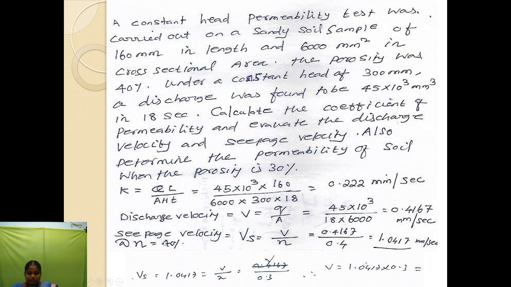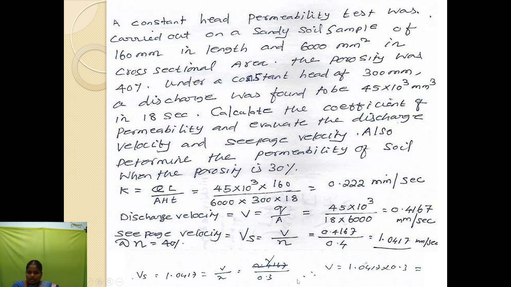Seepage means the flow of water into the soil, so only the porosity value needs to be included. So the seepage velocity Vs equals V divided by n. The porosity given in your problem is 40%, so the percentage is converted to 0.4. We already know the discharge velocity is 0.4167, so 0.4167 divided by 0.4 gives the seepage velocity.